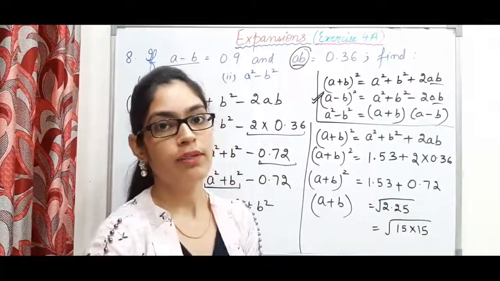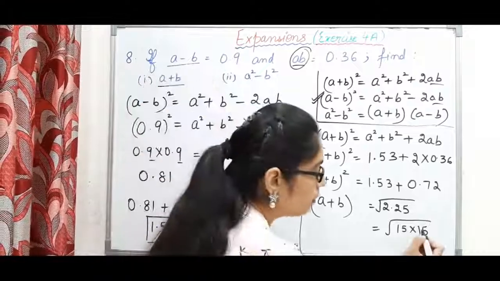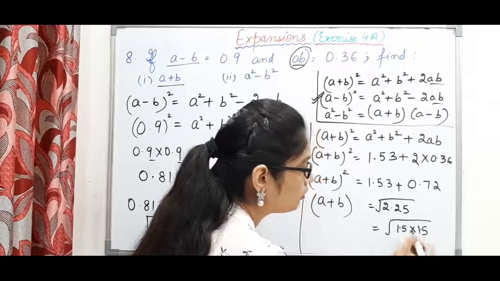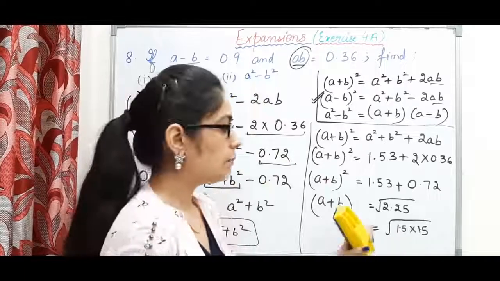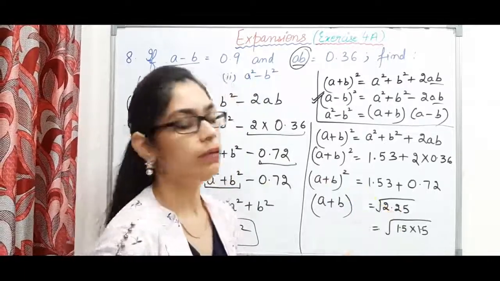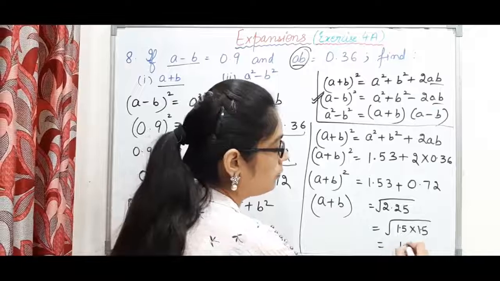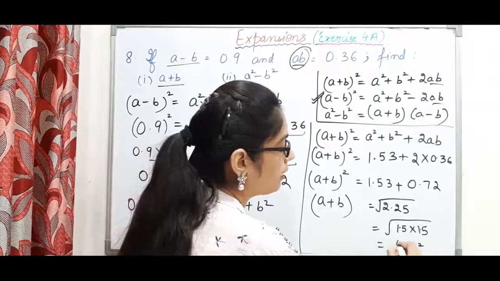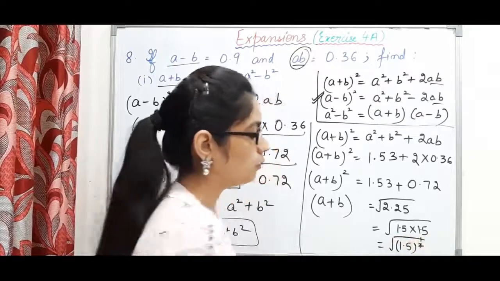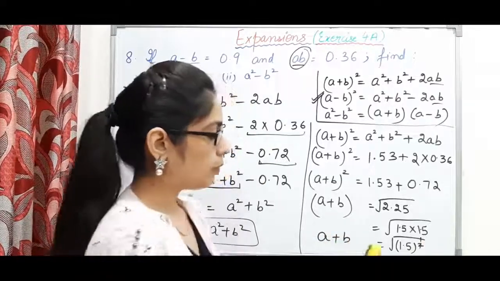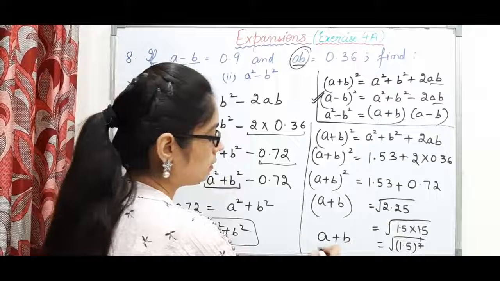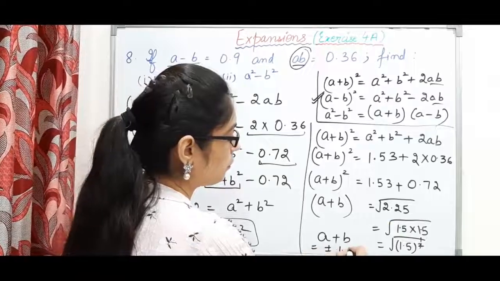So we need 2 decimals. So one we will write here as 1.5 and the other one here. 1.5 into 1.5, when we multiply, we will get 2.25. So 1.5 whole square I can write, and this square and this root will get cancelled. So a plus b is equal to plus minus 1.5.